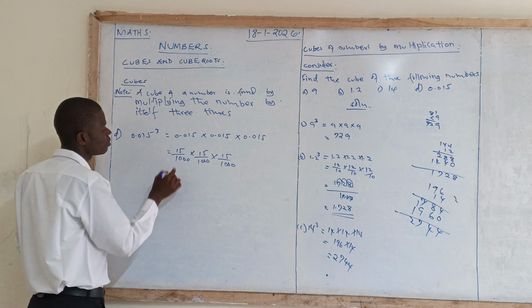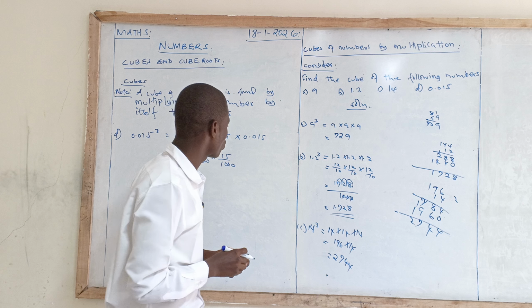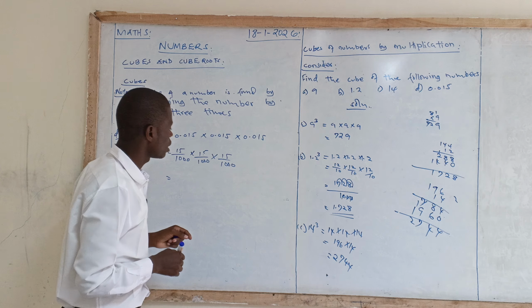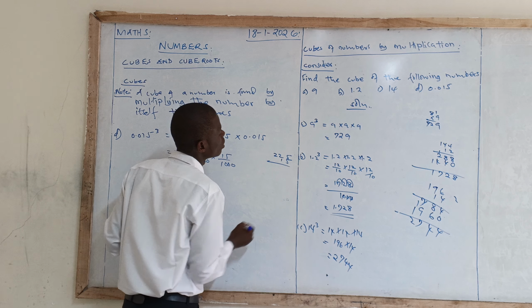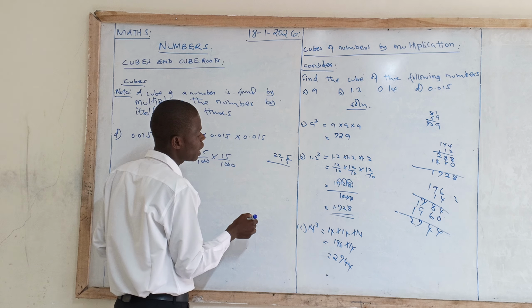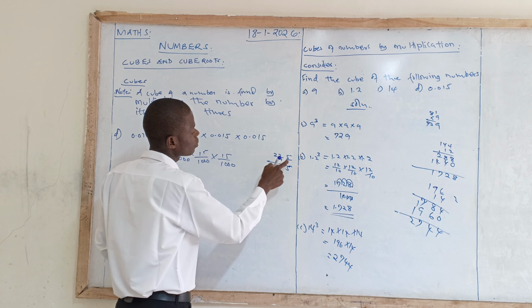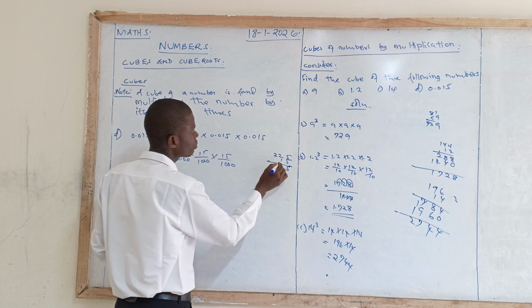So here, what do you have? 15 times 15, that is 225. So what do you have? 225 times 15. So 5 times 5, that's 25. Write 5, carry 2. 10 plus 2, 12.